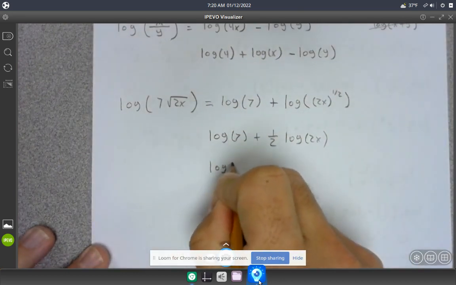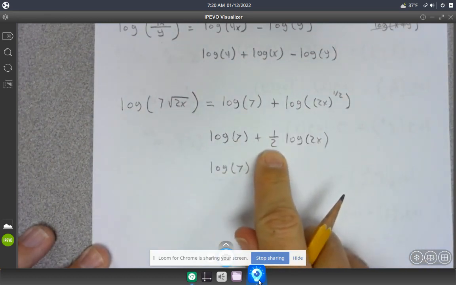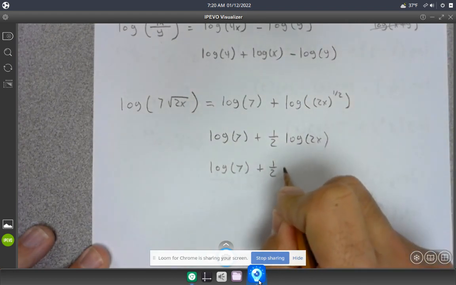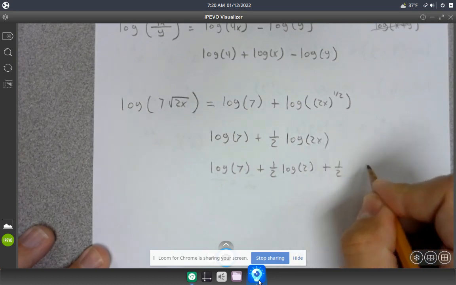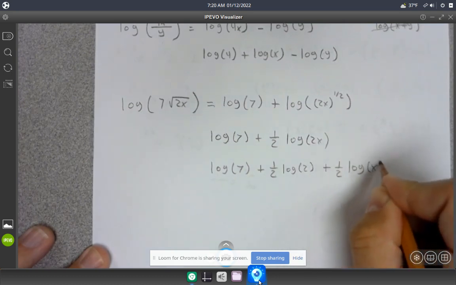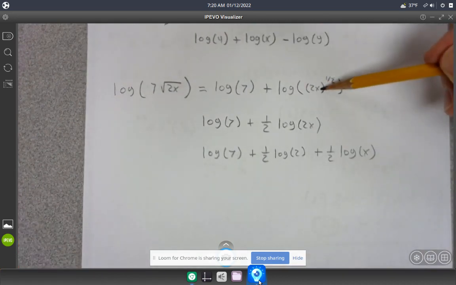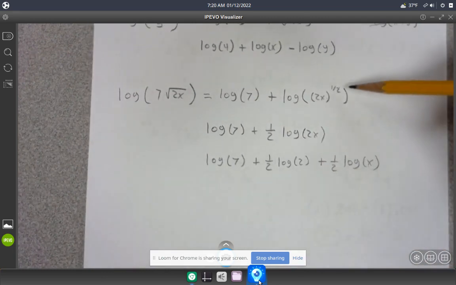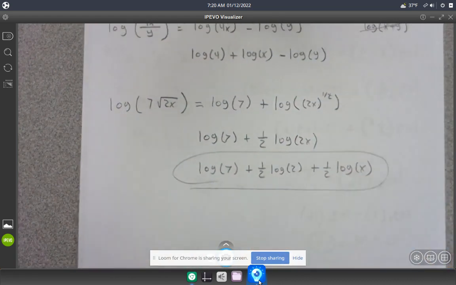So it's going to be log 7 plus, now this 1/2 is going to get distributed because this 1/2 applies to both of these. So it's going to be 1/2 log 2 plus 1/2 log x. That 1/2 applied to the 2 and to the x, so it's going to apply to both pieces. I guess you could have just gone straight from here to there. Anyway, that's it for this one. In the next video, we'll talk about condensing, instead of expanding.